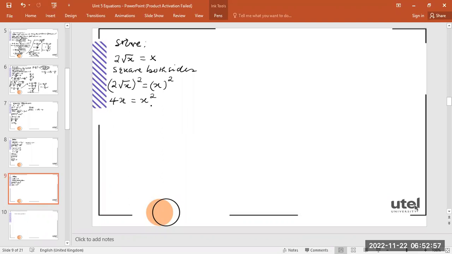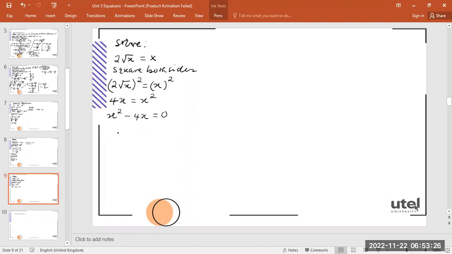Now you can see that here, instead of a linear equation, it has given us a quadratic equation, because any equation in which the highest power of the unknown is 2 is actually a quadratic equation. So all we need to do is rearrange this equation in the standard form of a quadratic equation. If we arrange it, by taking this 4x to the right-hand side, we are going to have x squared minus 4x equals 0.